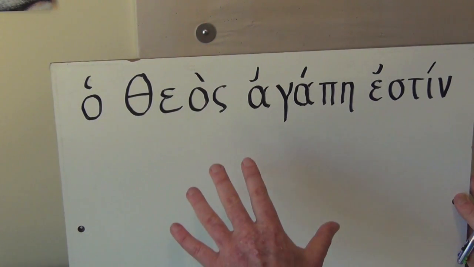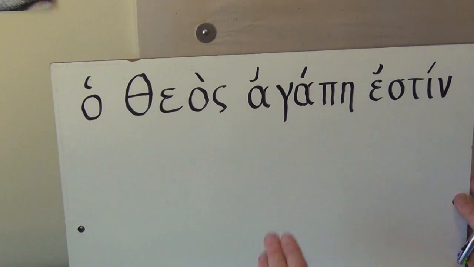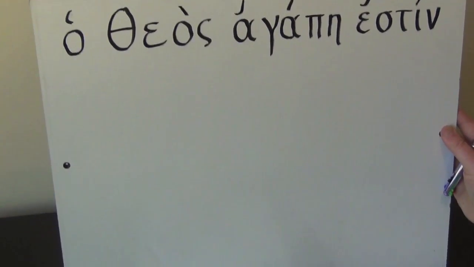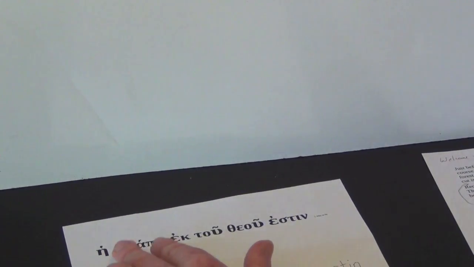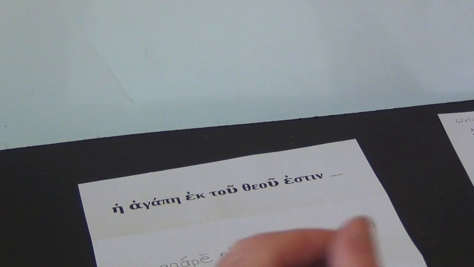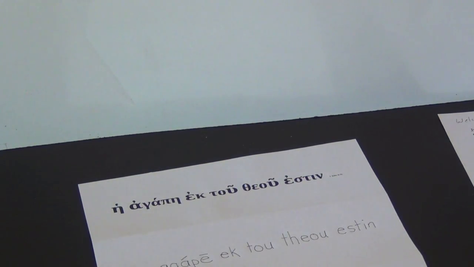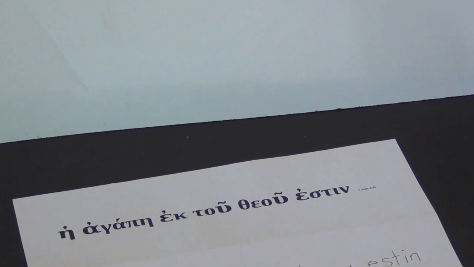So here when we say ho theos agape with no the, it's talking about a quality which God has. But here, in this second phrase that we're learning today, agape has the he, the, and so that means, yes, it is love that we're talking about. It's the thing that we're talking about, not just a quality that a person may or may not have, but it's talking about the actual thing, love.